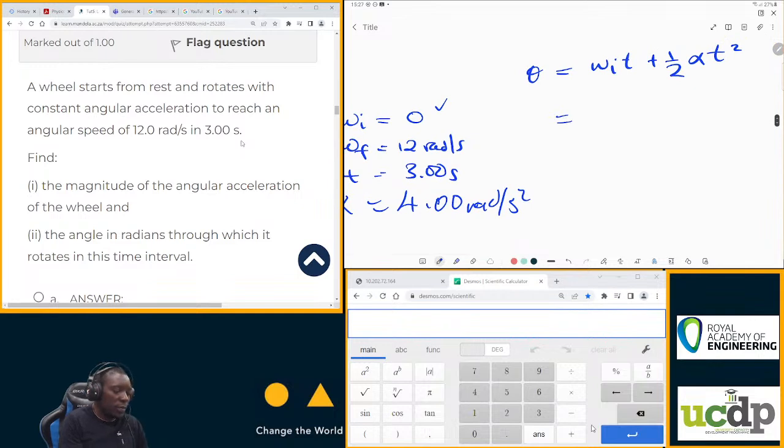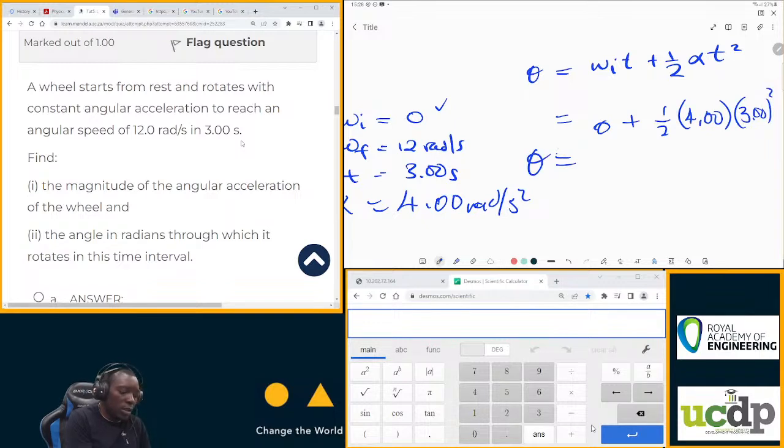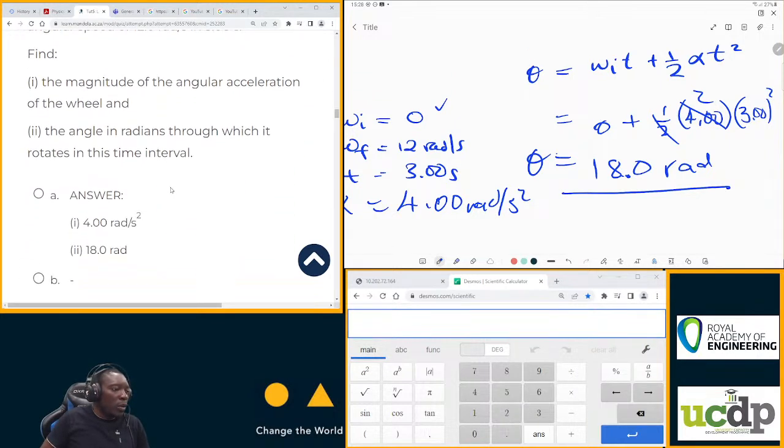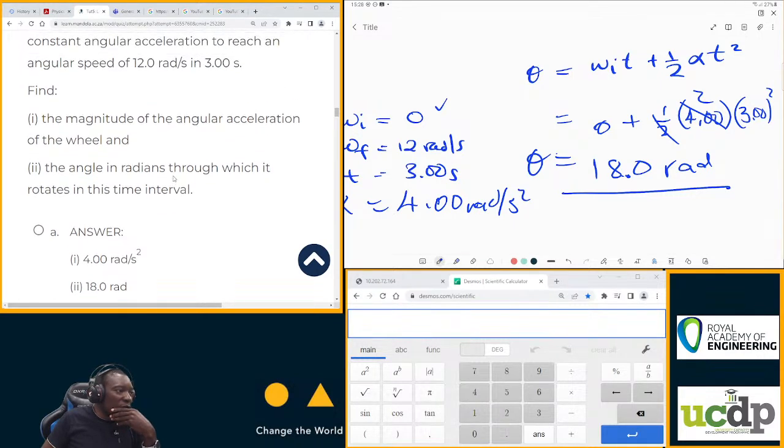Substituting, we get 0 plus half times 4 times t squared, and this gives us 18.0 radians. The angle is 18.0 radians. So those are the two parts to question number 4.